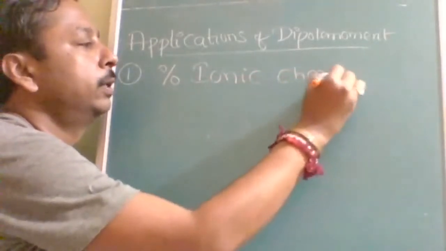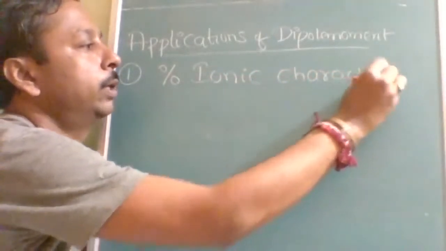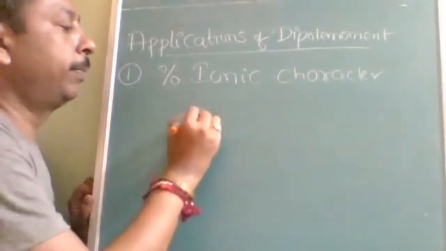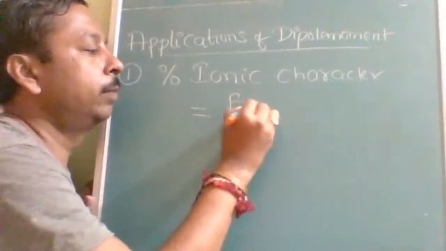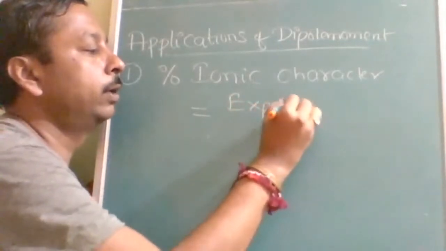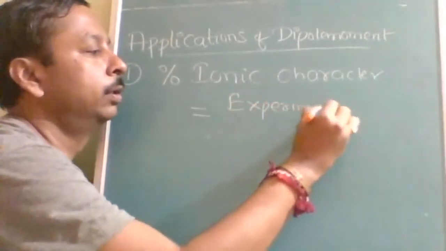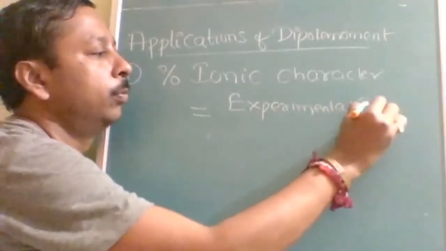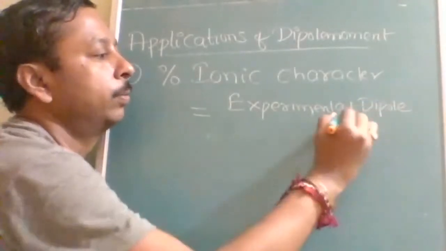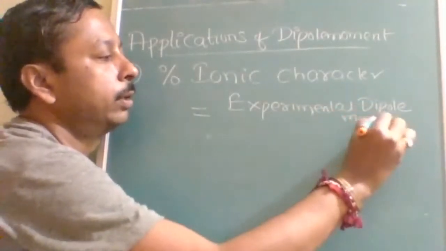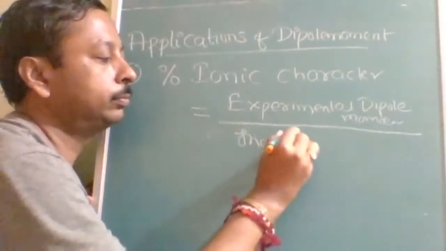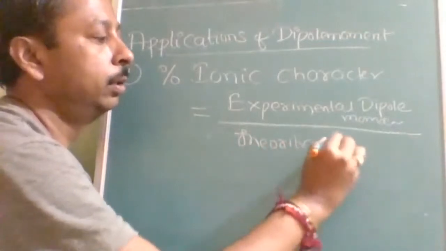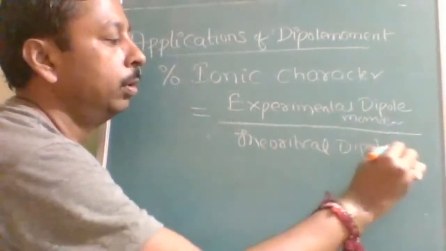So how will we calculate percentage ionic character? There is a formula. Percentage ionic character is equal to the experimental dipole moment, which we calculate with an experiment, divided by the theoretical dipole moment.